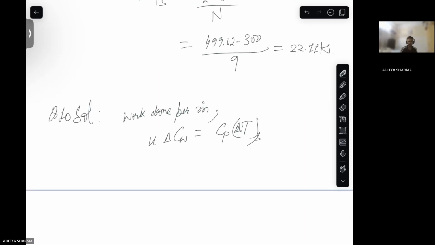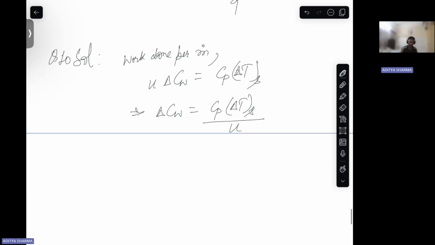Then from here, you will get delta CW. Okay, so this is U(CW2 minus CW1). This is basically work done on the compressor, and Cp delta T is again work done from the temperature change.